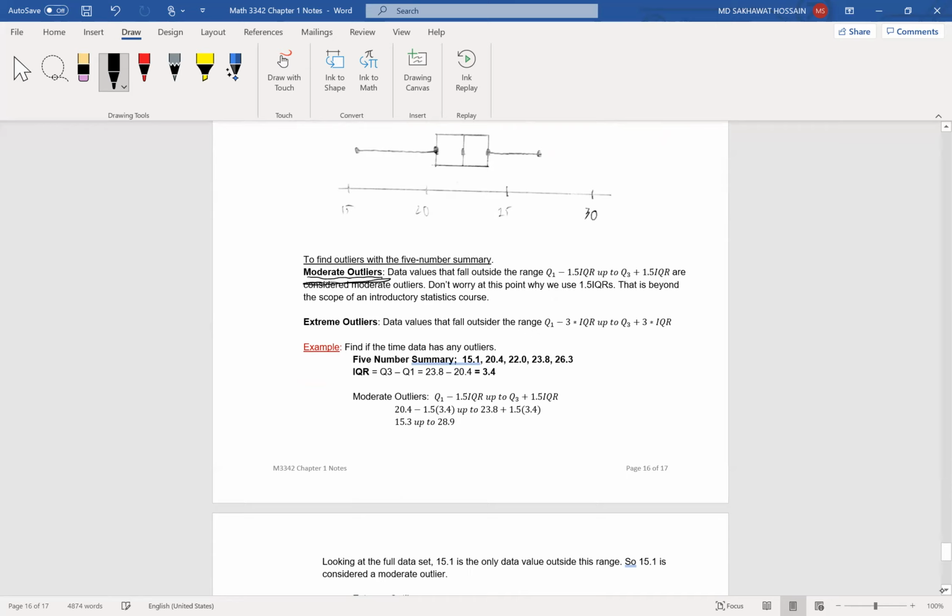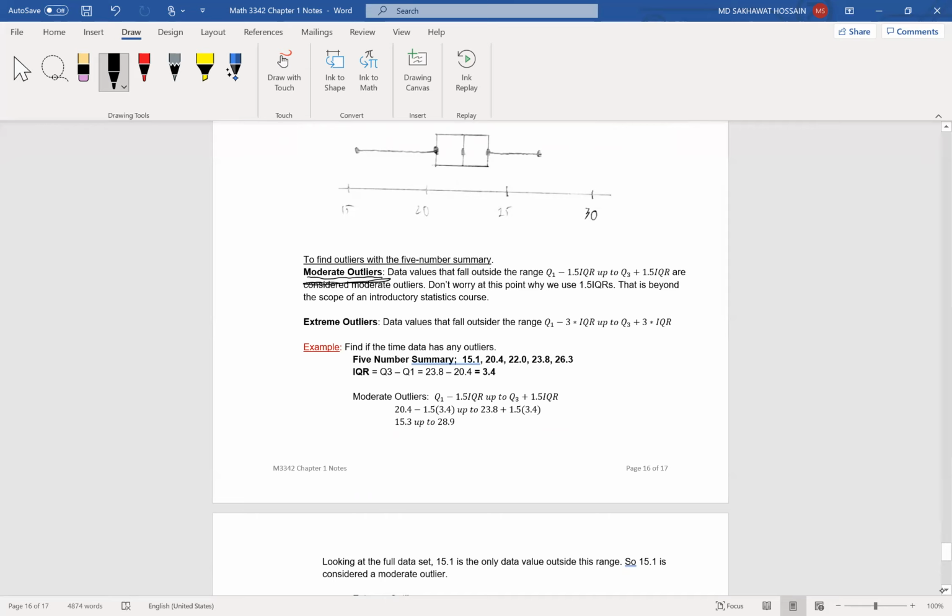If the outliers are not extreme, then they are called moderate outliers. If they are extreme, then they are called extreme outliers. So what does it mean by moderate outliers?